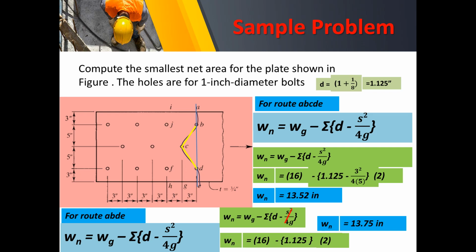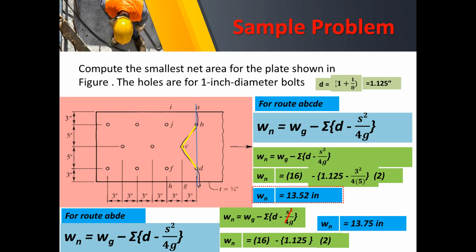Now, comparing root ABDE and the root ABCDE, of course, we will consider here the lesser value of the net width, which is equal to 13.52 inches.